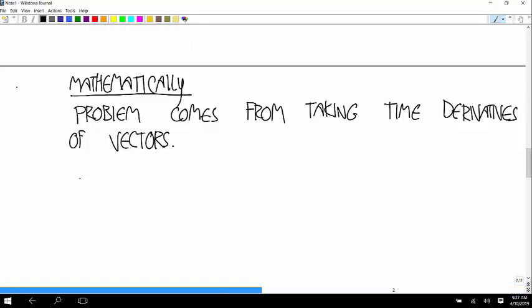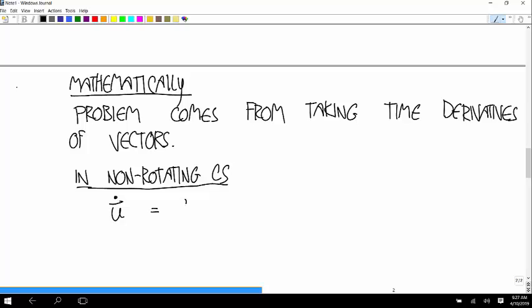So remember, in a non-rotating coordinate system, the simpler case, say you want to take the time derivative of a vector u, and this vector u can represent anything. It could be a velocity or a position or anything else that's a vector. So it could be a force or anything. We don't usually take time derivatives of forces, but this is true of any vector. So this is the time derivative of a vector with these components.